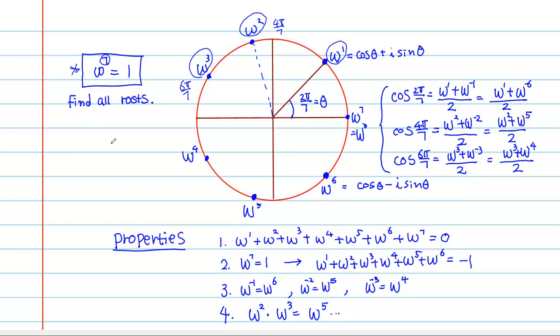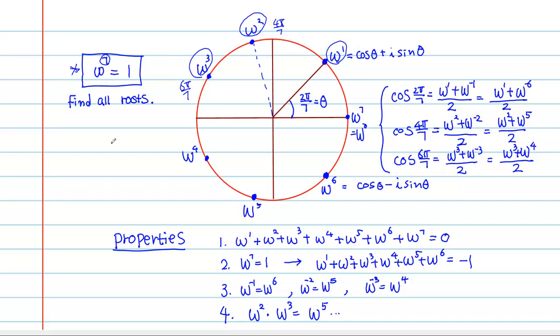But we consider here the real part, cosine 2 pi over 7. This is W1 plus its conjugate, divided by 2. That's the first angle set.